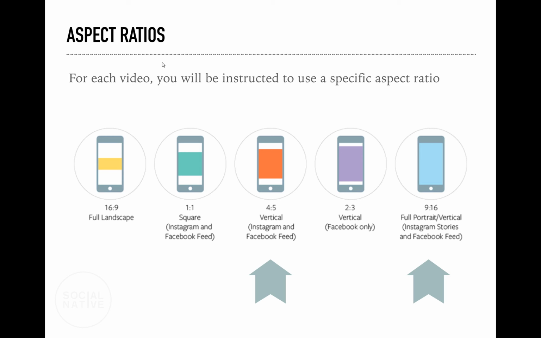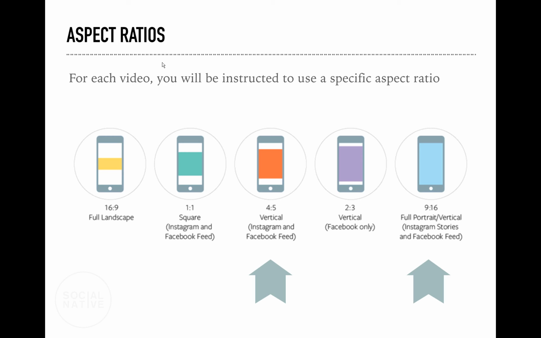So a little bit into aspect ratios here. With every video that you're getting, with every project, you'll be instructed on a different aspect ratio to use for that video. Of course, we know here that we're going to be working with mobile optimized videos. And as you see, we have a few of the aspect ratios that you typically see when you're interacting on your mobile device.